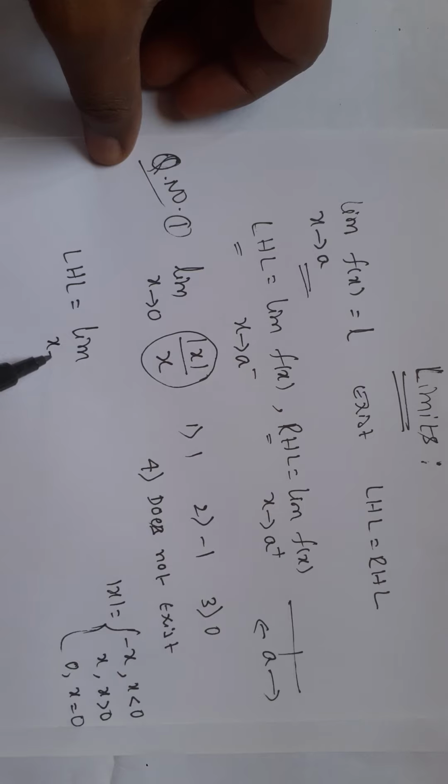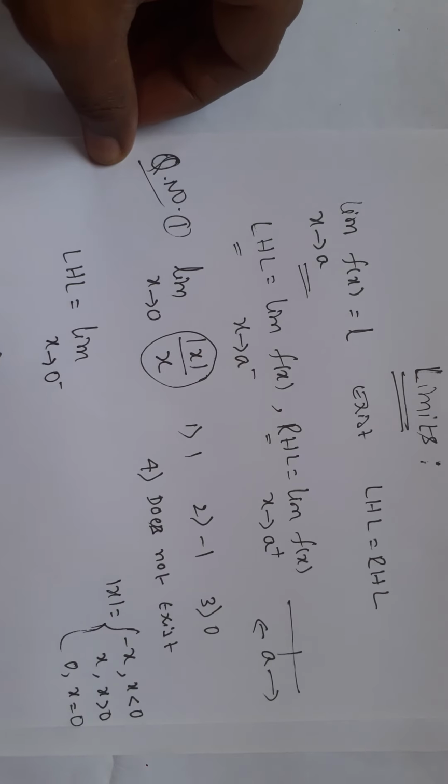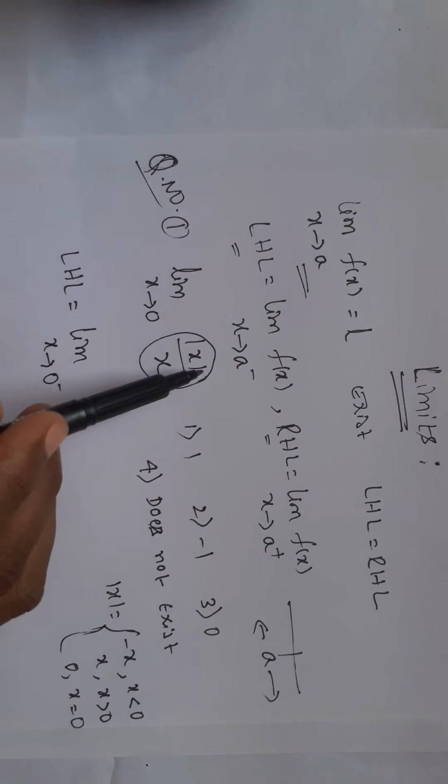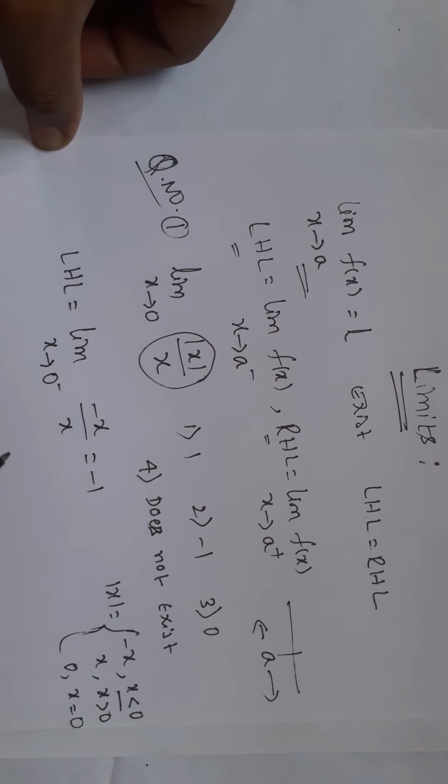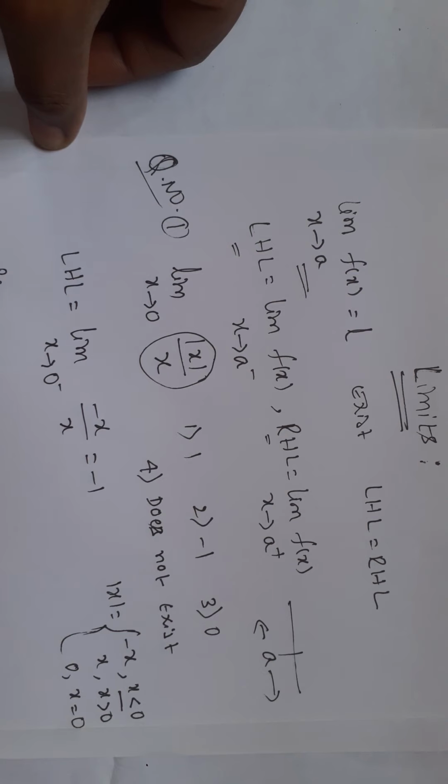For LHL, as x tends to 0 minus, mod x is taken for x below 0, less than 0. The corresponding function is minus x by x, the x cancels, equal to minus 1. Similarly, RHL is the limit as x tends to 0 plus.